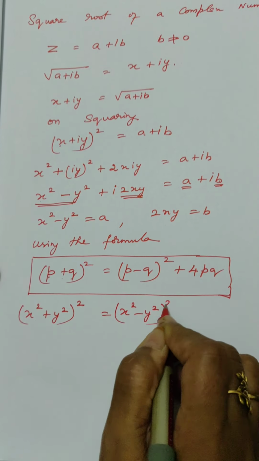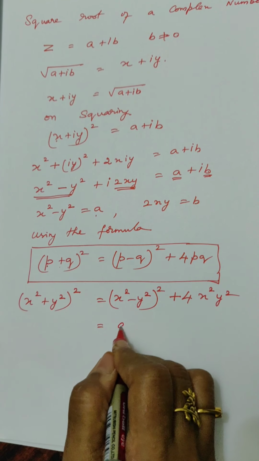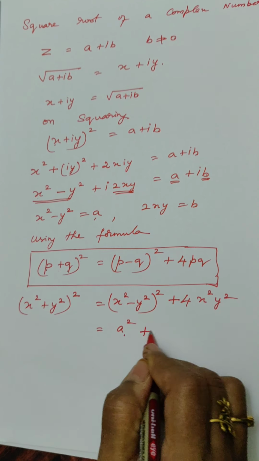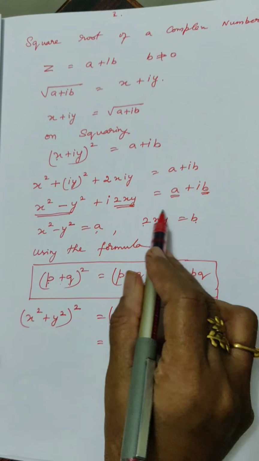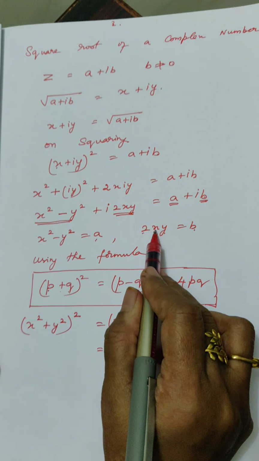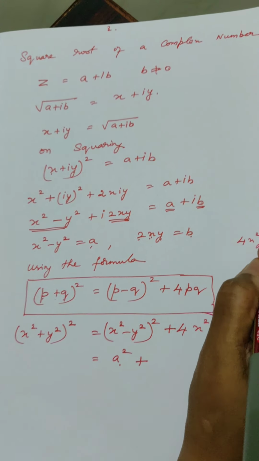Clear? Already you know that x square minus y square is equal to a. So this becomes a square plus 4x square y square. Since 2xy is b, on squaring this, 4x square y square becomes b square. So in the place of 4x square y square, I am going to take b square.